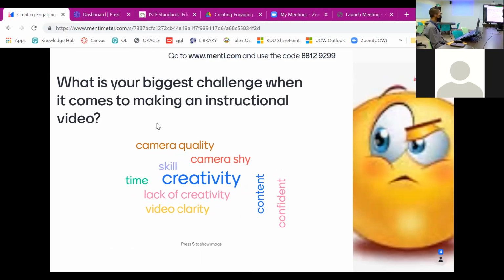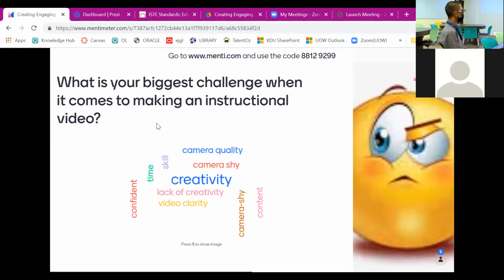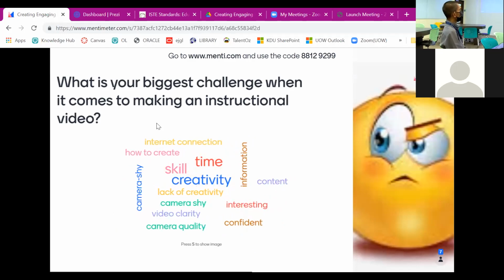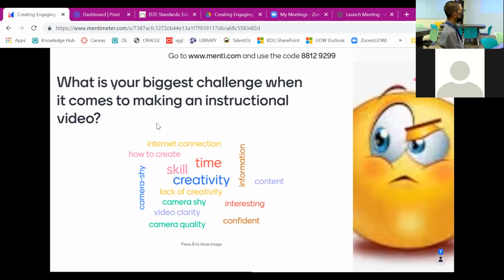Camera quality, camera shy, the skill, the time, creativity seems to be standing out. There's also another one who mentioned lack of creativity, so it's put together. Video clarity. The camera shy is kind of related to confidence as well. Content, like information, internet connection.